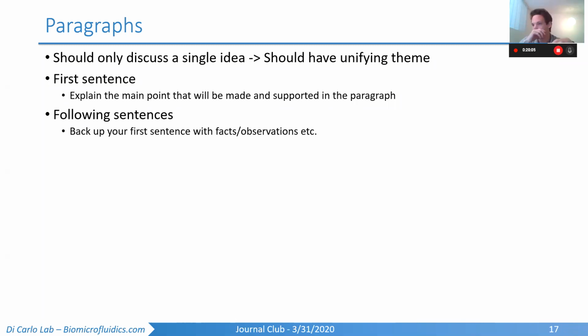This is really important, because when people read papers, they skim through. You want to make it as easy as possible for your readers to understand the information. If each paragraph very succinctly explains what's going to be argued and concluded, you don't actually have to read the rest to get an idea of what story is being told.